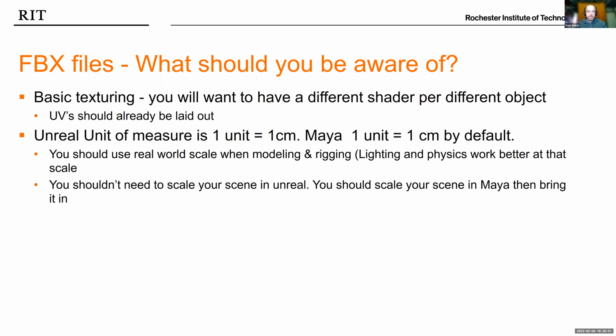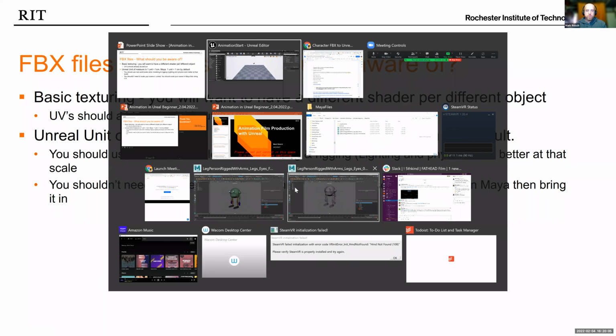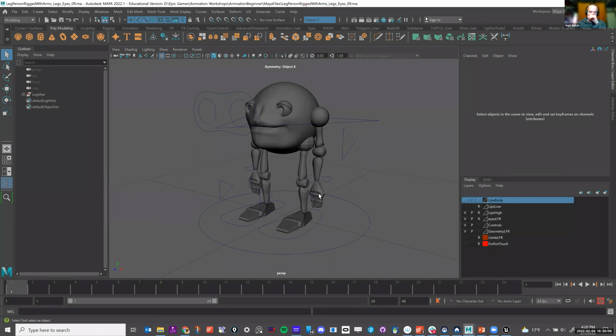The world coordinate system, if I pull this in, okay, so this is my character, and I'm going to give you all a link. I'm going to put this in the chat.